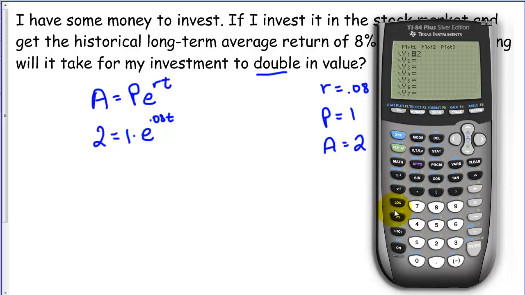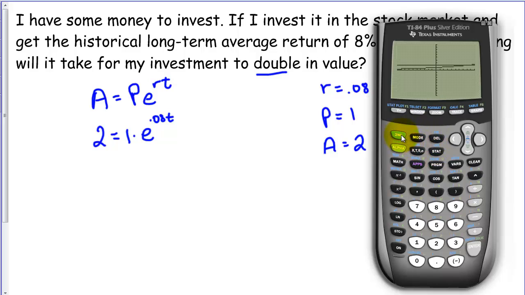Remember, we press second and the ln button to get e to the power, and now we have 0.08 x or t. And I'm going to press zoom 6 to reset our window. So here's y equals 2, and this is our exponential function.